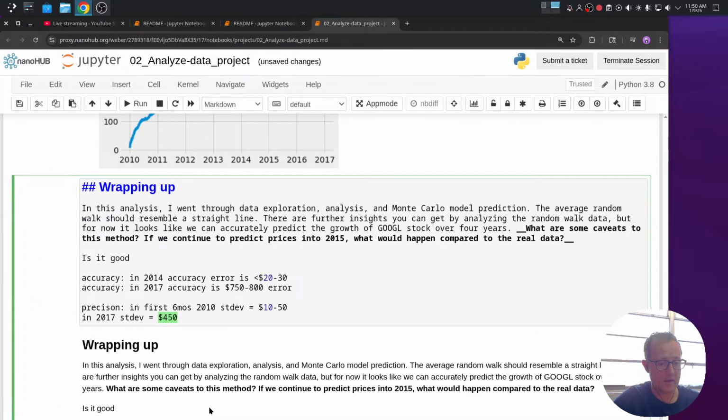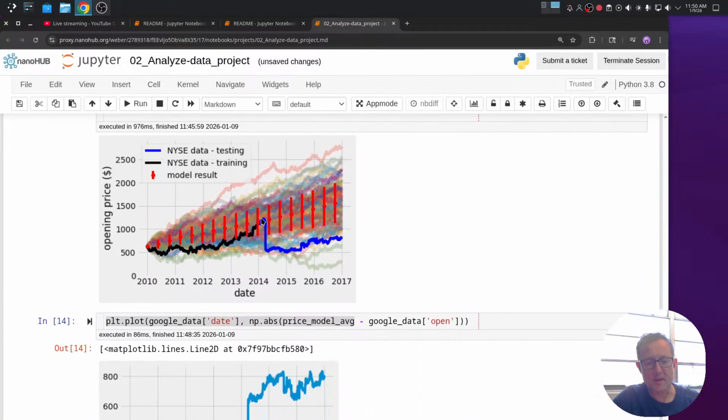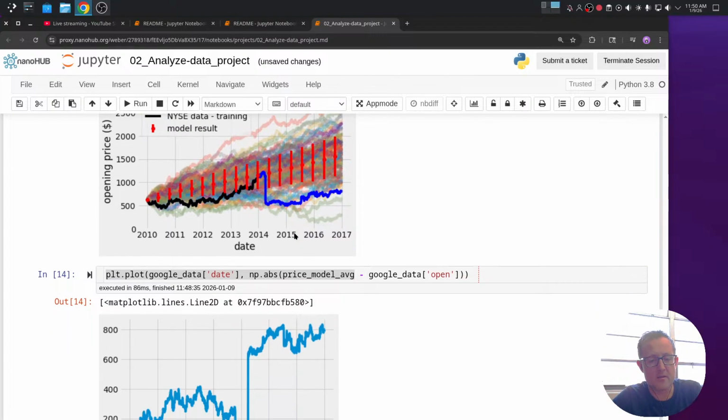We have a very accurate model, at least for certain days, and then a very imprecise model for other days. And if we had used more of this data in our training, then it would be different. But that's just the way things work.